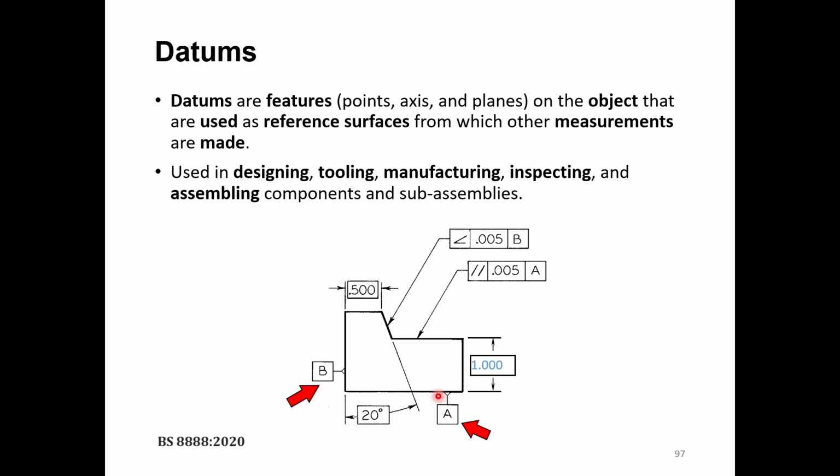What do I mean by that? It means that this is our reference frame, our datum from which we can measure this dimension, which is 1. But this surface here should be parallel to this surface within this tolerance.